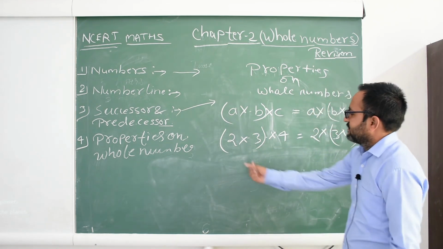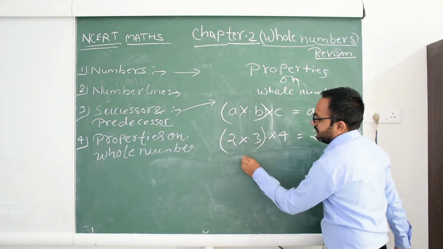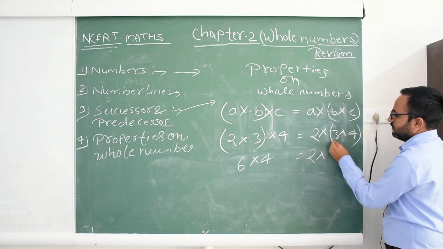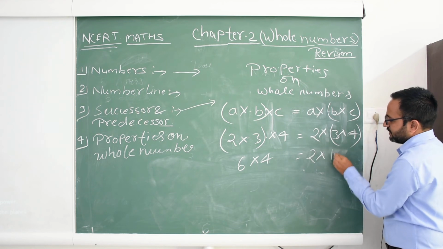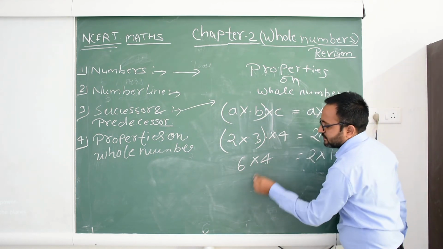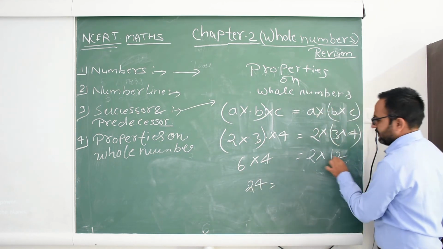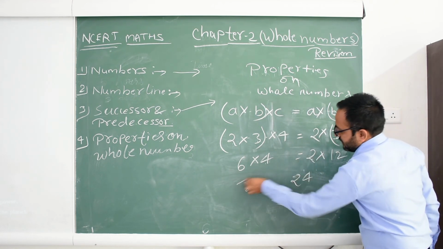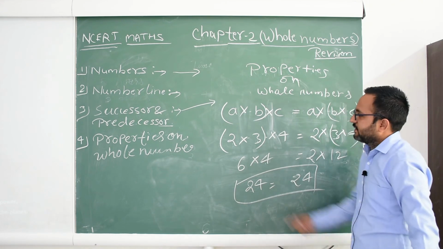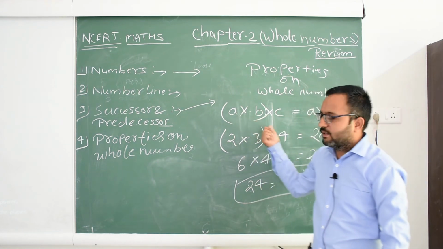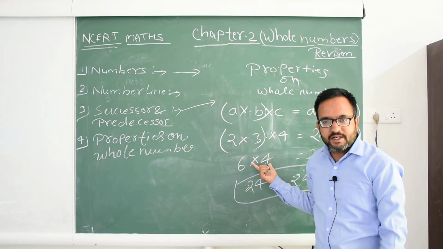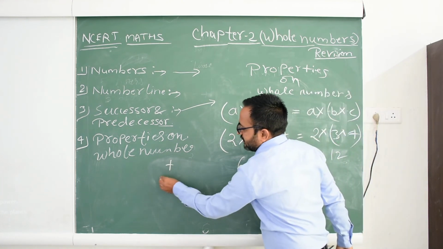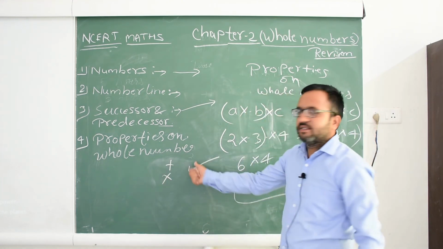So first we solve the bracket. 2 threes are 6 into 4, and here 3 fours are 12. So 6 fours are 24 and 12 twos are also 24. So in the case of multiplication, this is associative under multiplication. So addition and multiplication are associative.